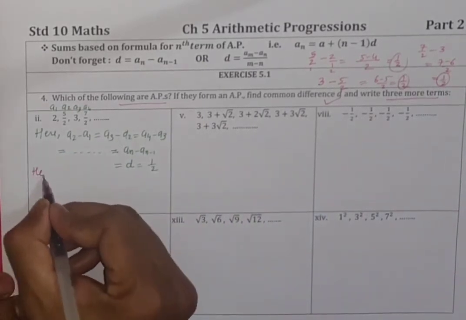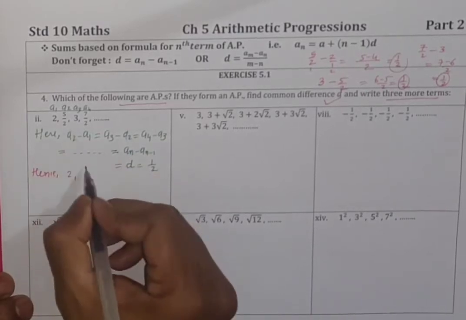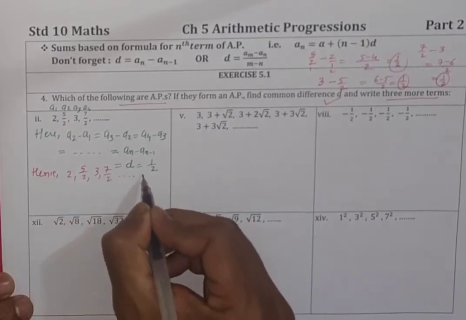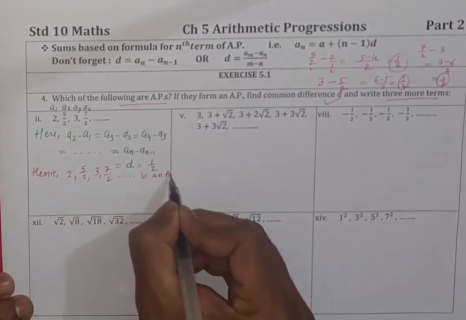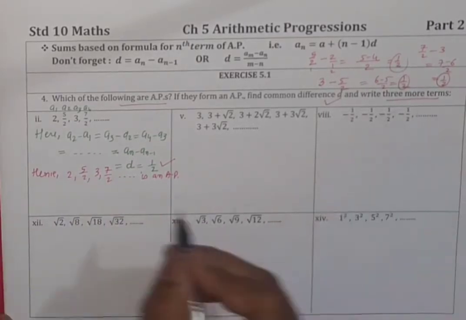Hence 2, 5 upon 2, 3, 7 upon 2, dash dash dash is an arithmetic progression. You have to write the common difference, which we have already written. Common difference D is 1 upon 2 and now we are supposed to write 3 more terms.